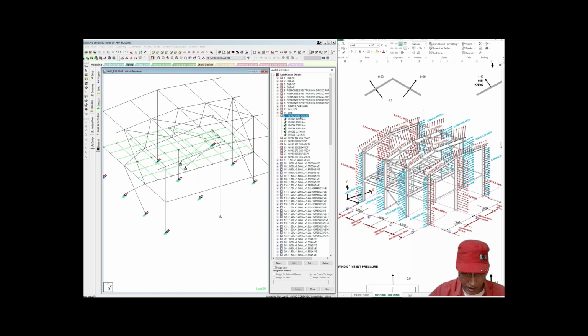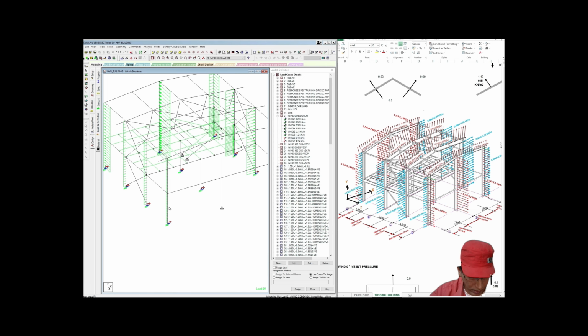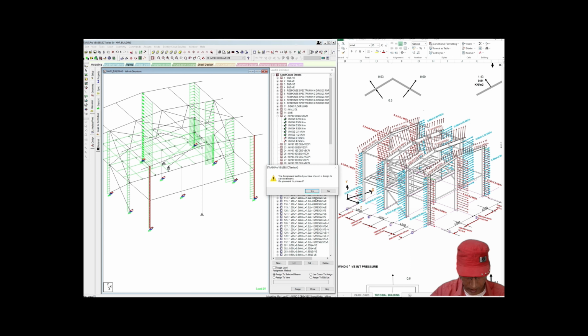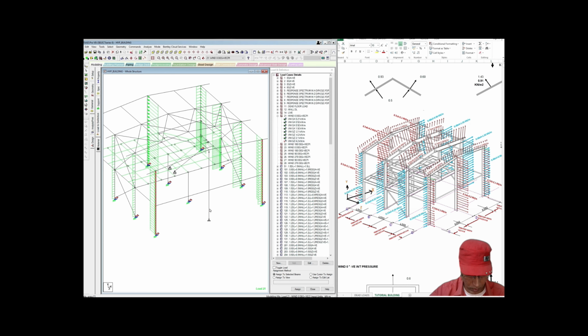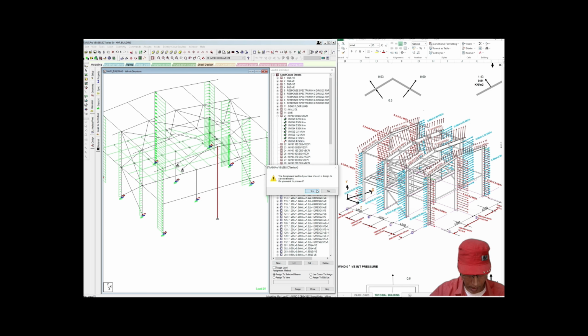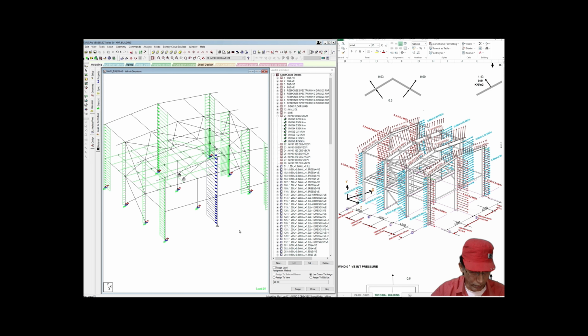So let us add again this load, member load, sorry, positive direction 2.1 in global Z direction, add, then 4.2 in global Z direction, add. 2.1 for this corner column, assign, then 4.2 for this interior column of the gable, assign. So we have now assigned the wind pressure on all the full load.